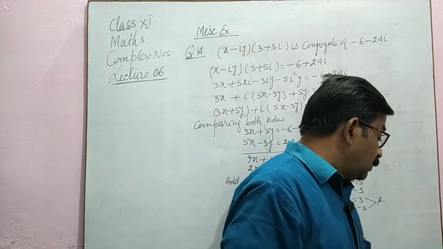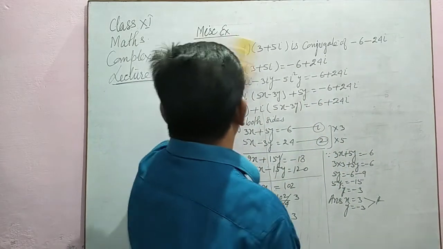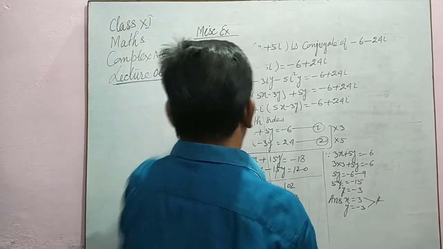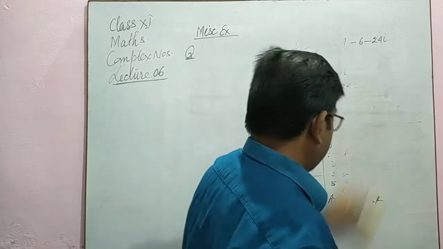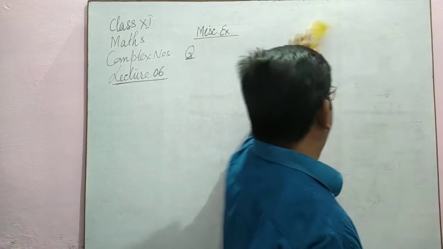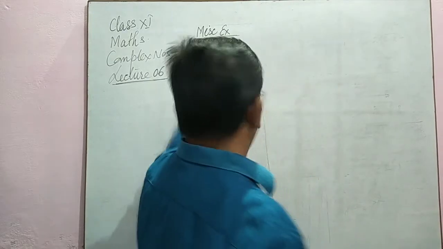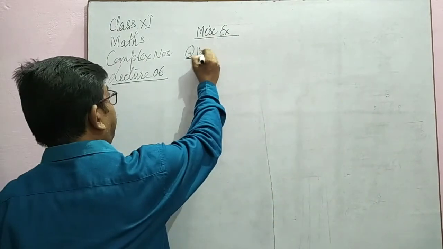Now question number 15. In this question we have to find the modulus of a complex number. So first we have to change this into standard form, and after that we will get the modulus. Let's see, this is question number 15.